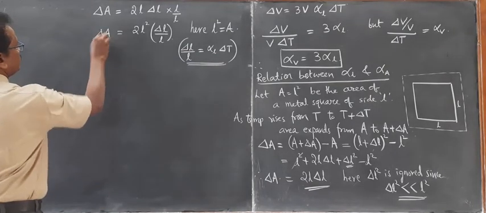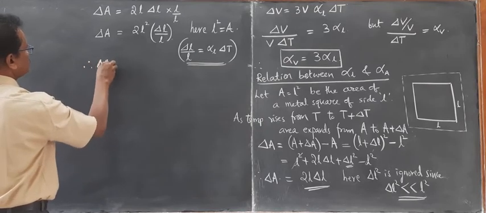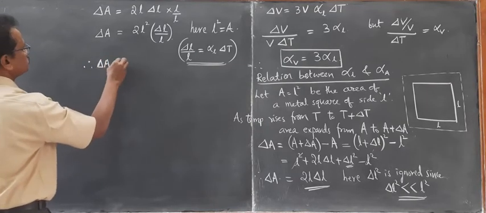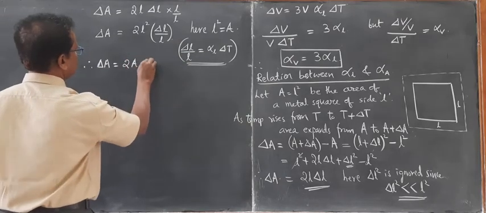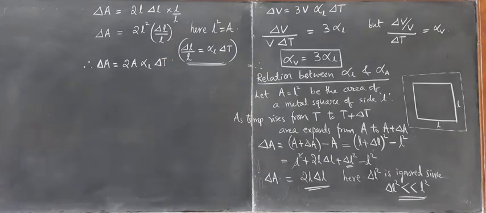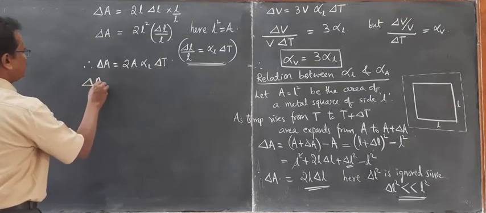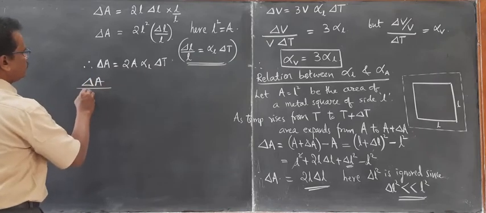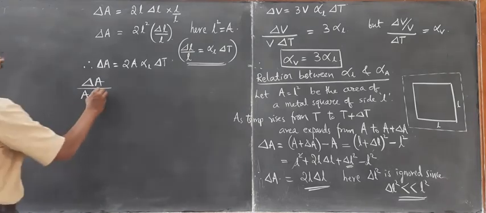Thus we get delta A equal to 2 times A into alpha L delta T. So thus, now you take this A to the left hand side, delta A by A, and delta T also to the LHS.